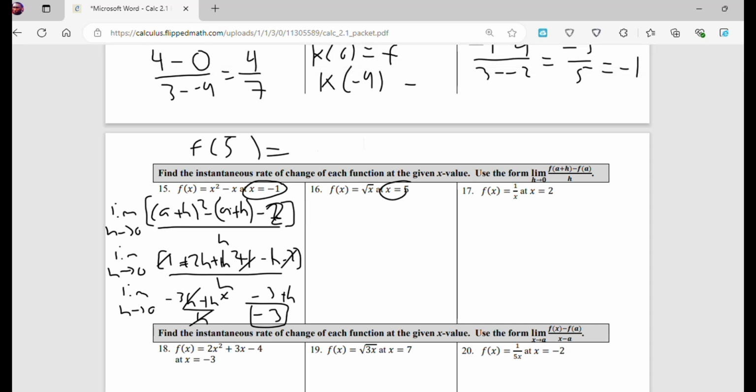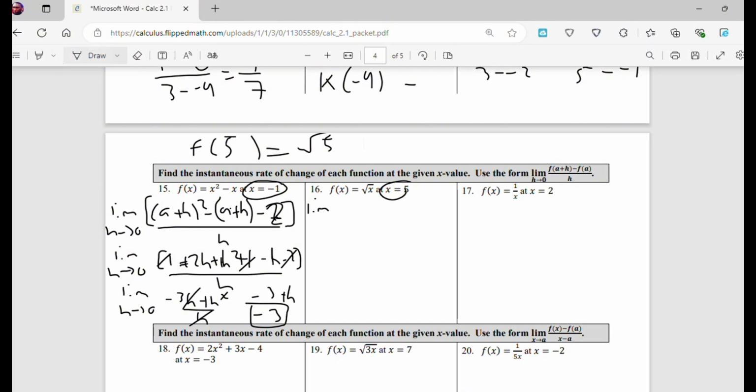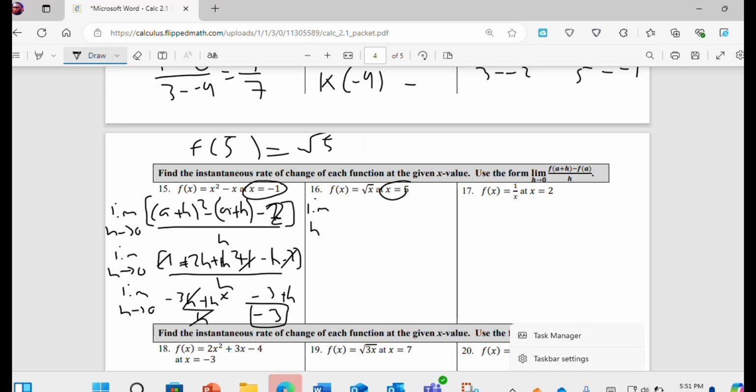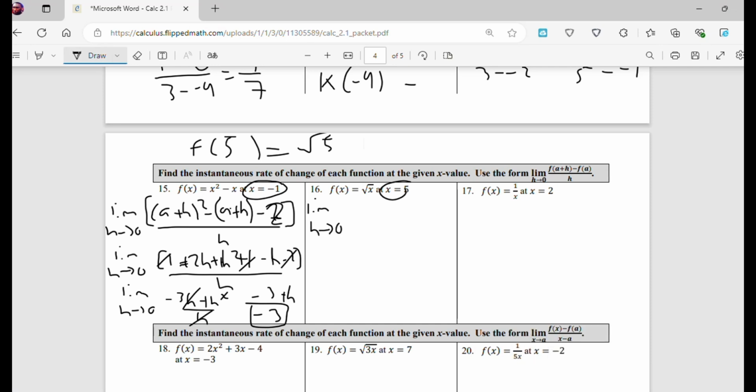So f of 5, simply square root of 5. Okay. So all we have to do here is write our limit. Oh, it's not writing. Okay, there we go.